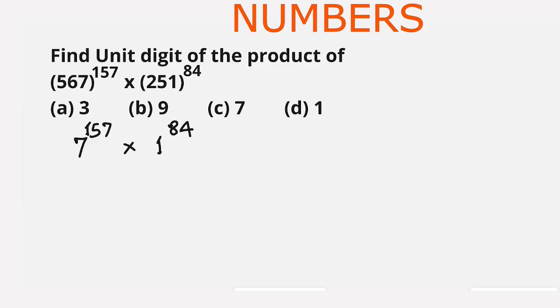Now the unit digit repeats itself after every fourth power. So we divide 157 by 4 and find the remainder, and that will give the unit digit.